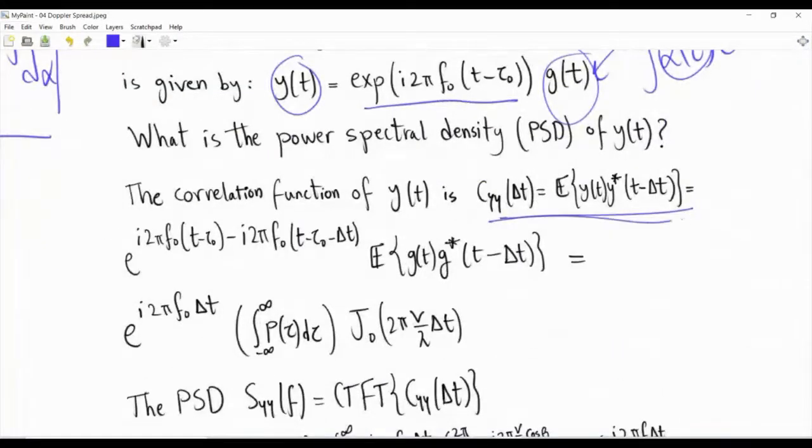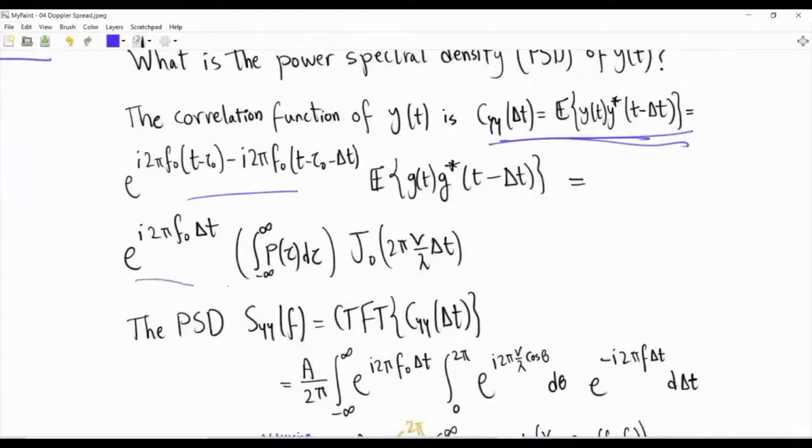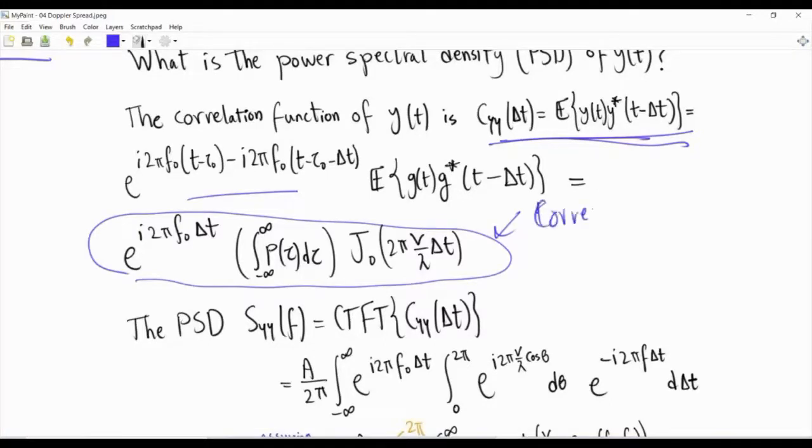So this is the correlation function. You apply the definition, and basically the correlation function of signal y will depend on the correlation function of g. And the correlation function of g we obtained on the previous page. So this is the correlation function in time.